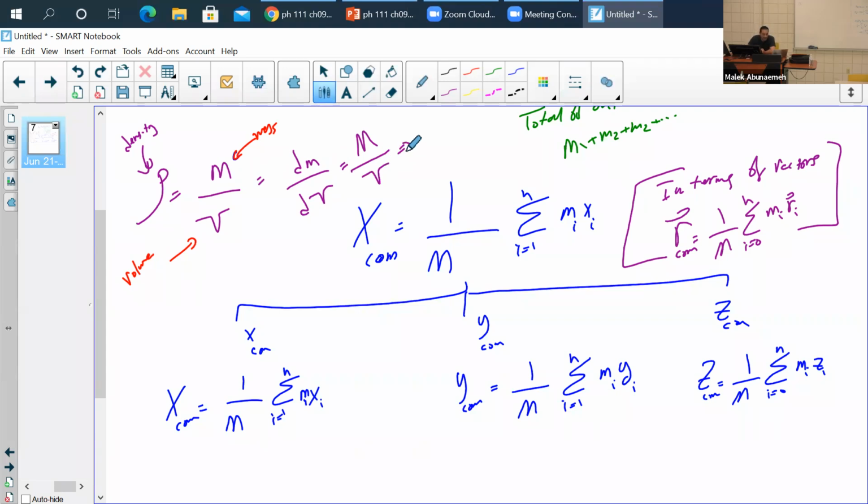So this makes your dm over your total mass equal to dV over your volume. Let me go right ahead and just separate this a little bit.